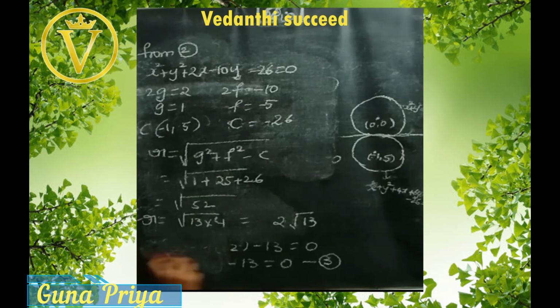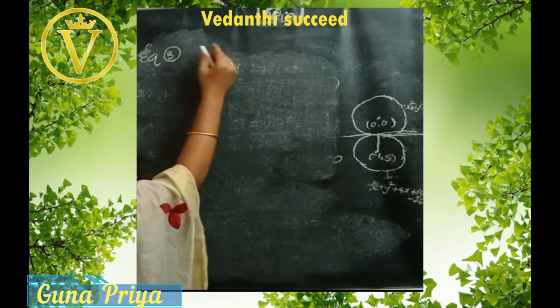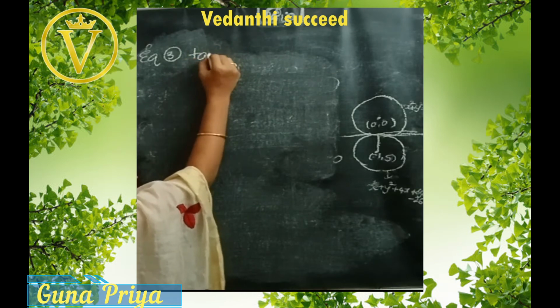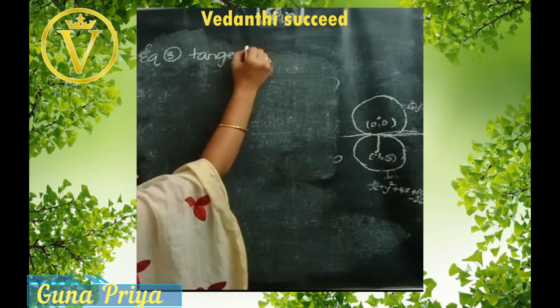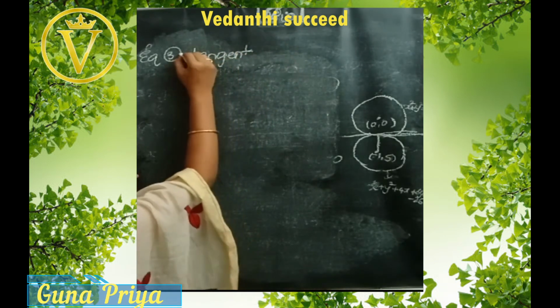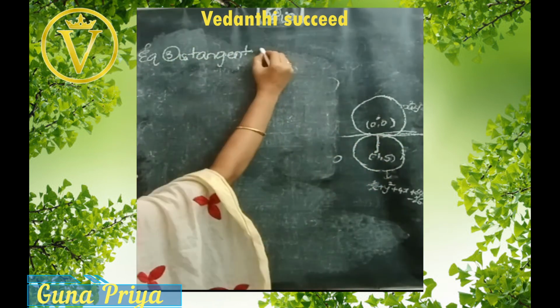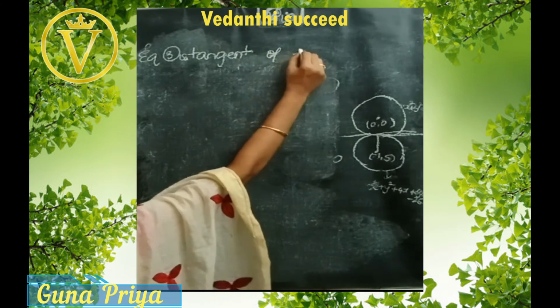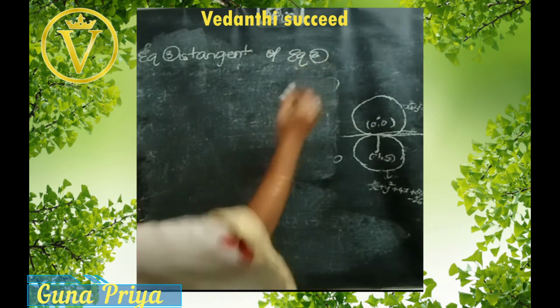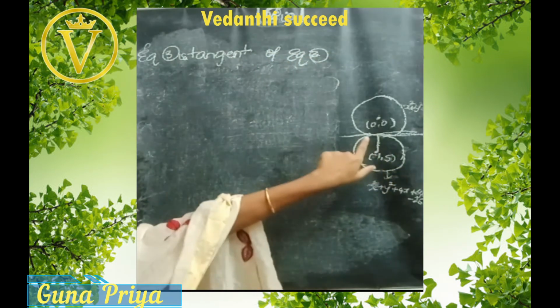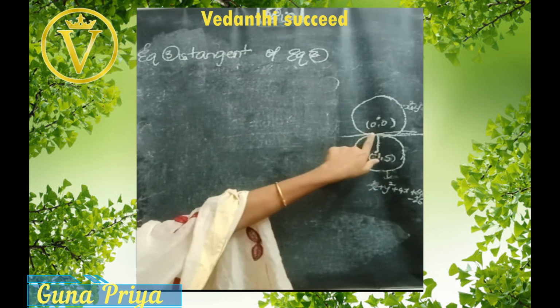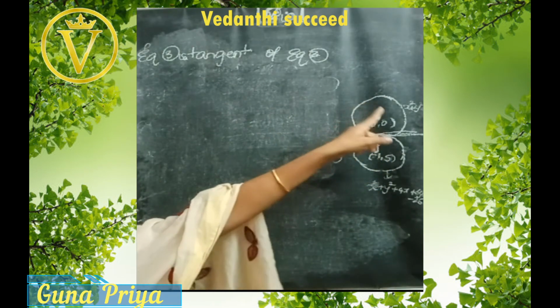Equation 2, equation 3. Equation 3 is a tangent, right? That means equation 3 is a tangent of equation 2. That means we have to substitute that point in the first circle.